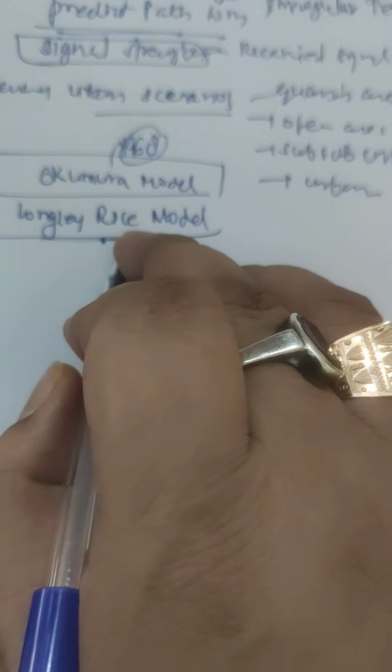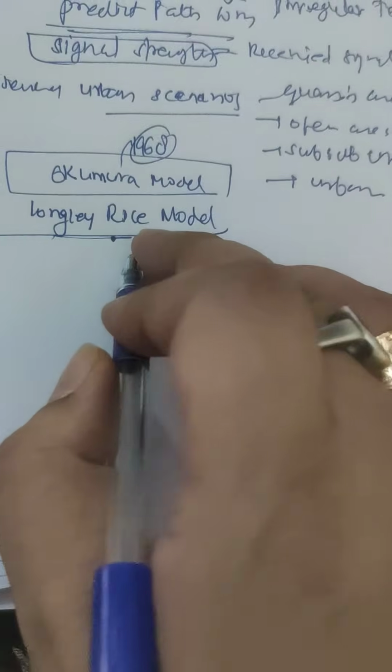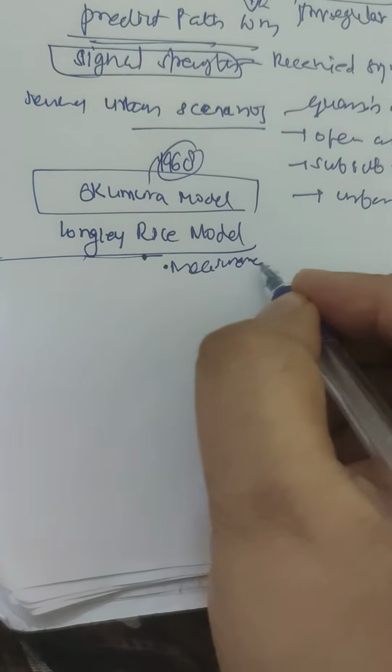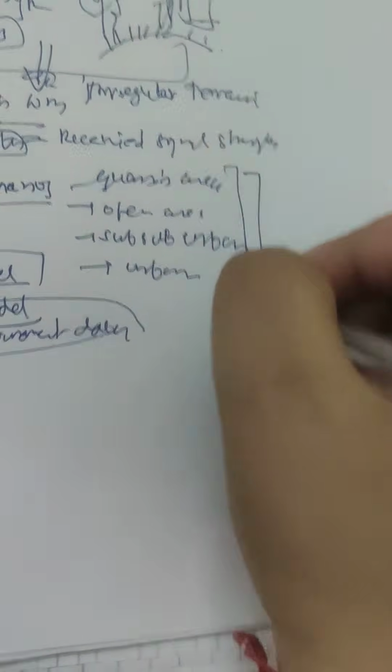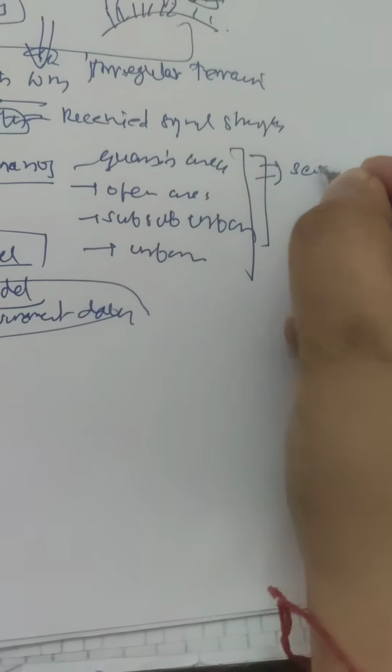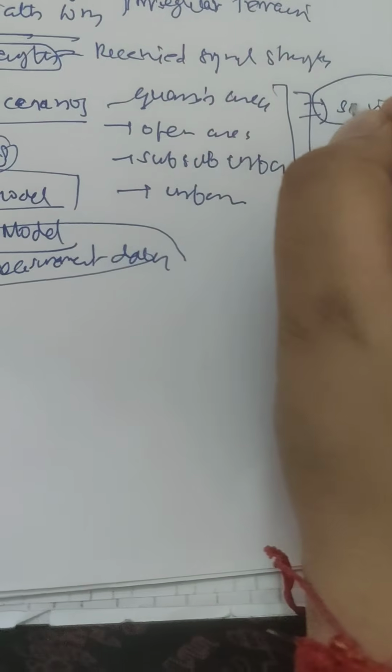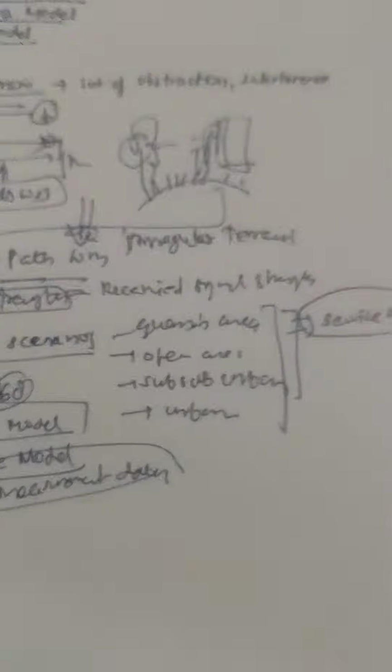Most of these models are based on the systematic interpretation of measurement data. This measured data is obtained from different service areas, and some outdoor propagation models are now commonly used.